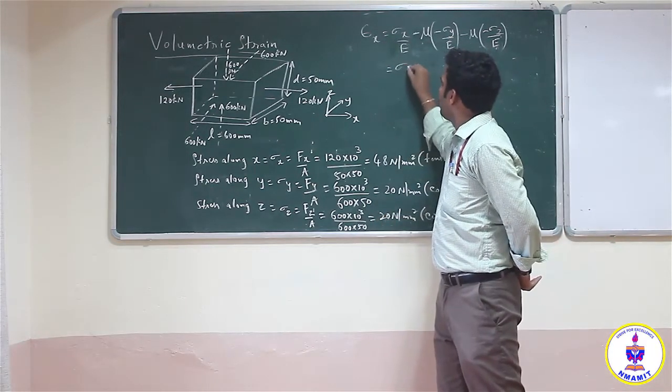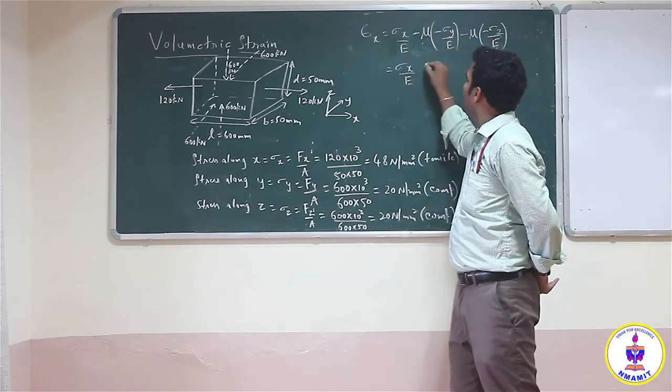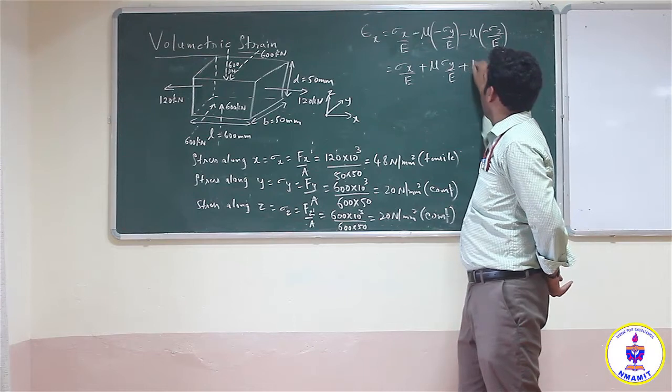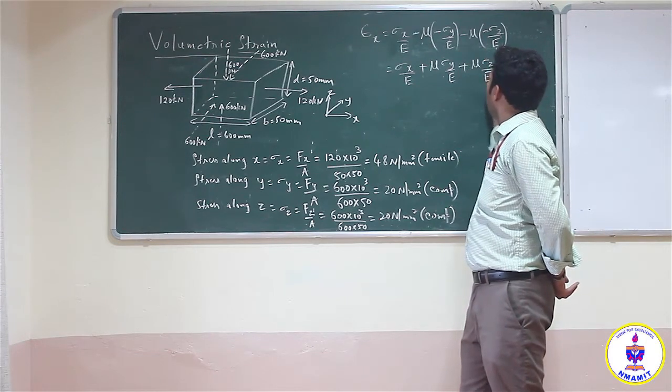So this equation gets reduced to sigma X by E plus mu into sigma Y by E plus mu into sigma Z by E.